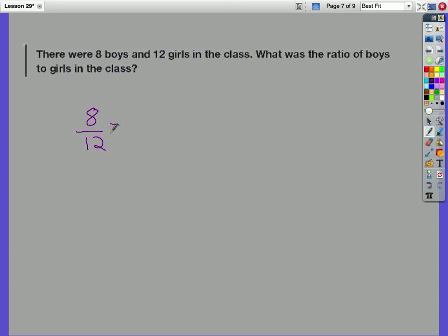Talked about in the example before how 4 went into both 8 and 12, so I'm going to divide by 4. And I should get 2 to 3. I don't need a label on that because we're talking about ratio, it says what we want. So in this case, the 8 boys and 12 girls turns into 2 to 3 as my ratio.